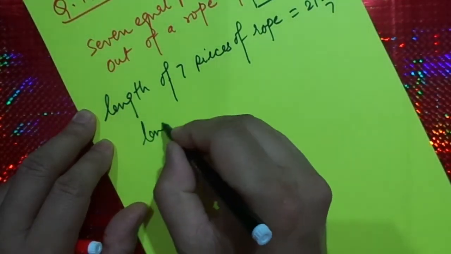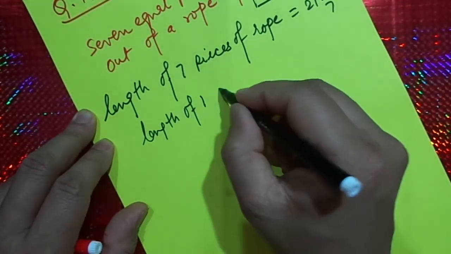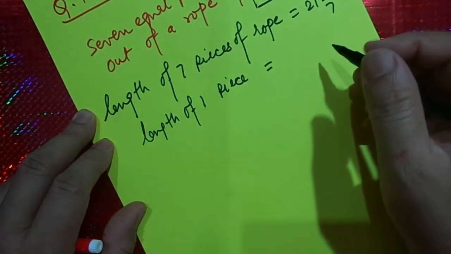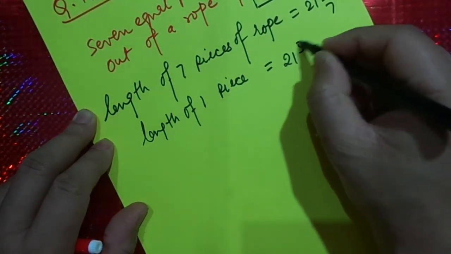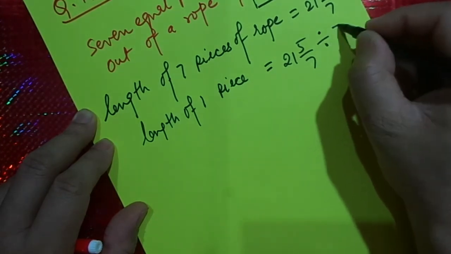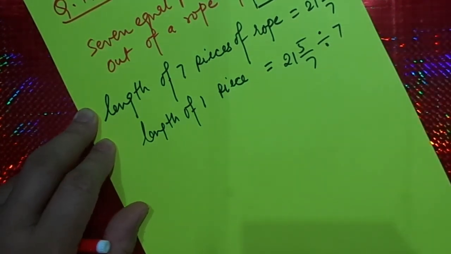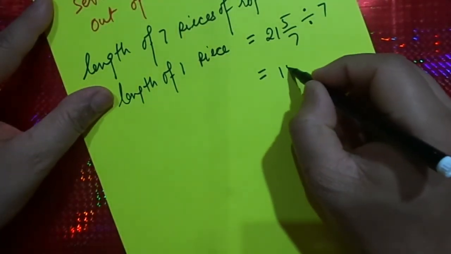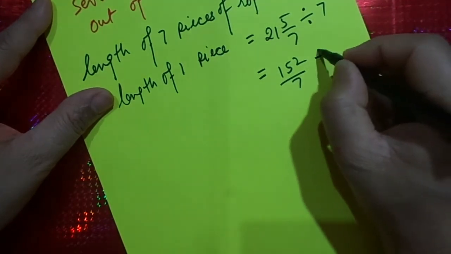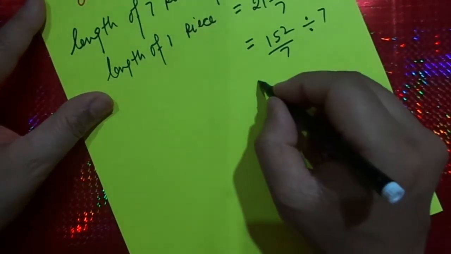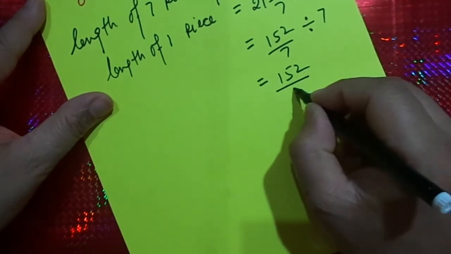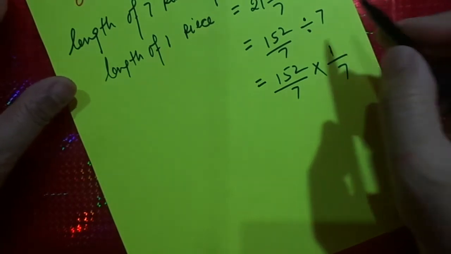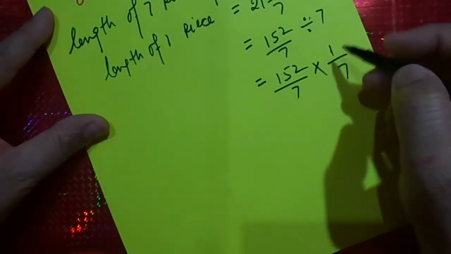Therefore, length of one piece is equal to 21.5 by 7 divided by 7, which will be 7 times less, not 7 times more. So it is equal to 152 by 7 divided by 7, which is 152 by 7 multiplied by 1 by 7, because I am converting this division into multiplication.